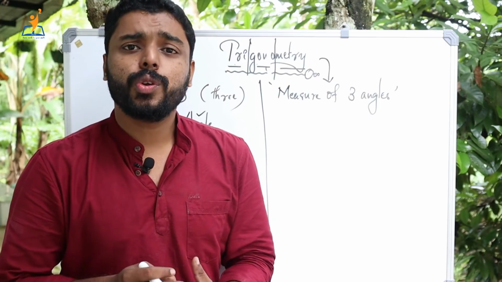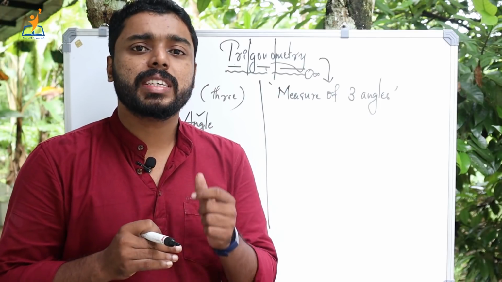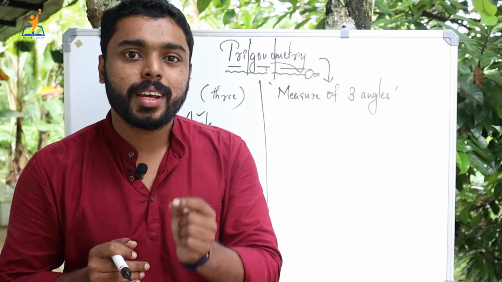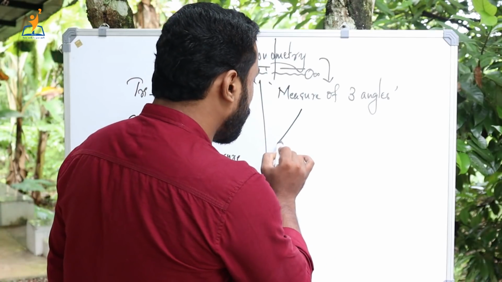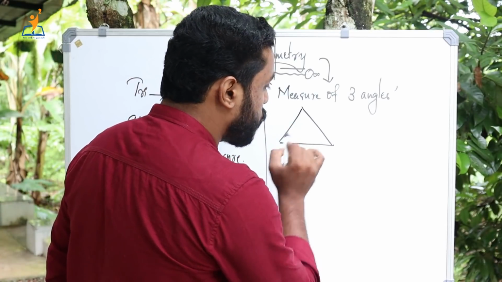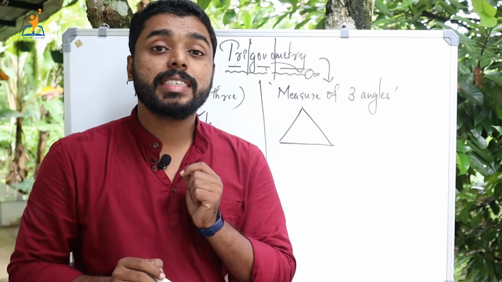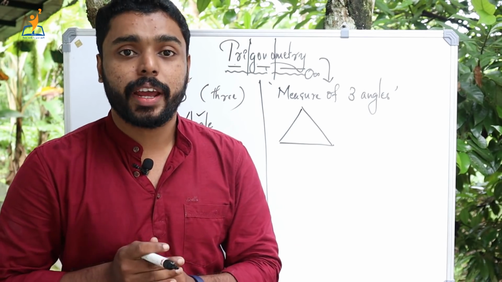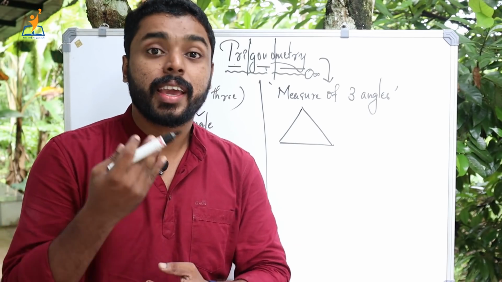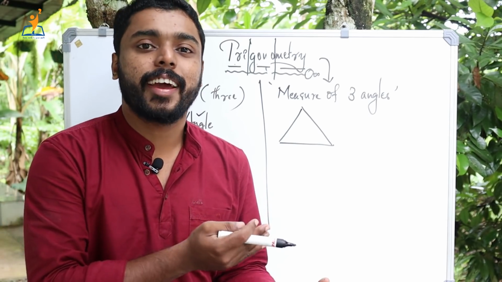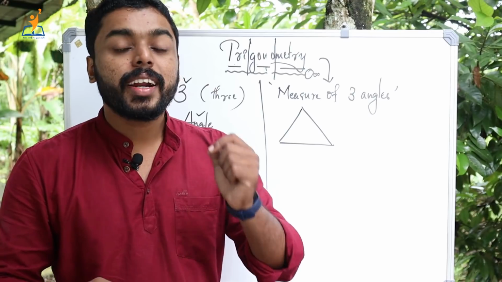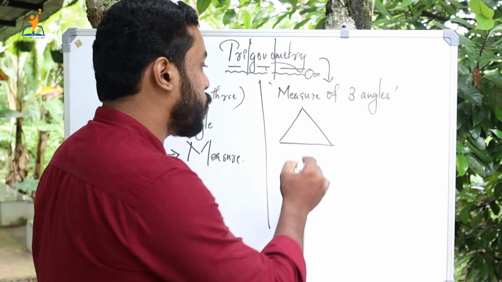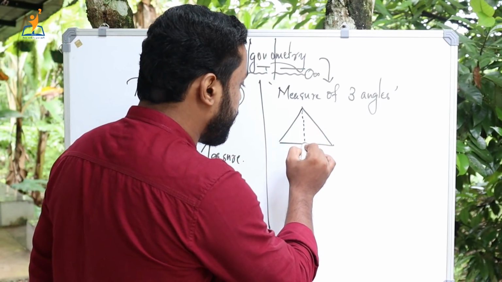Now of course you know the geometrical figure which gives us three angles. What is it? A triangle. So trigonometry basically deals with a triangle. But there is a problem. Trigonometry cannot operate on all types of triangles. You know different kinds of triangles like isosceles triangle, equilateral triangle, right angle triangle, etc. Trigonometry only deals with the right angled triangle.